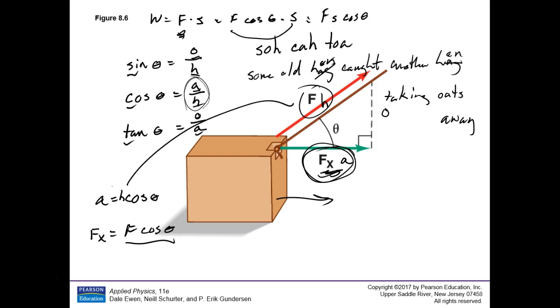Now, you'll see in the book they use F sub x with bars around it. They will use F with bars around it. What that means is the magnitude, okay? The positive value, the absolute value of that force.